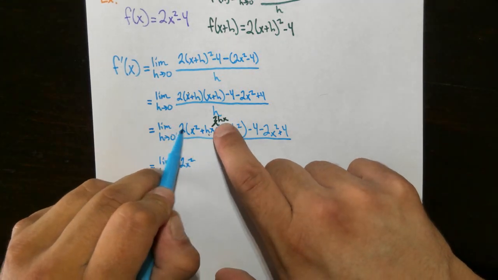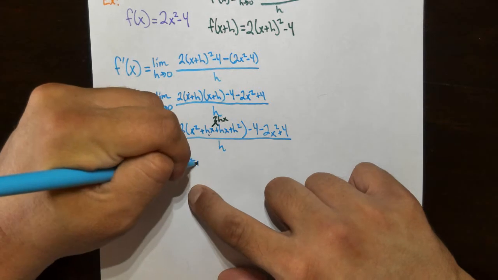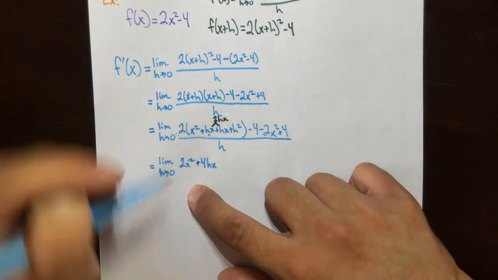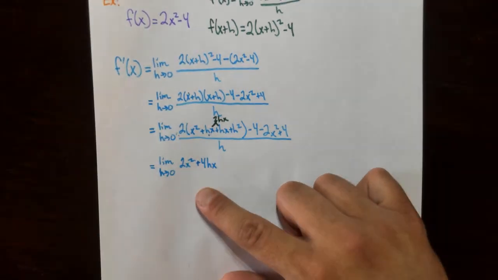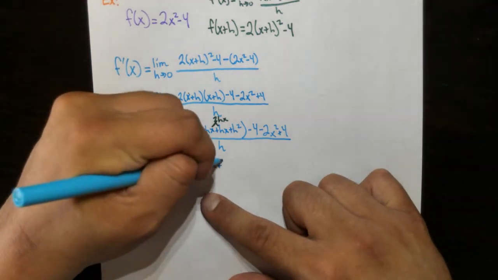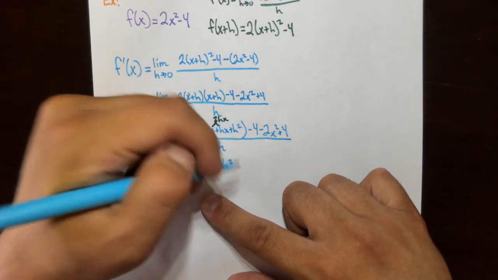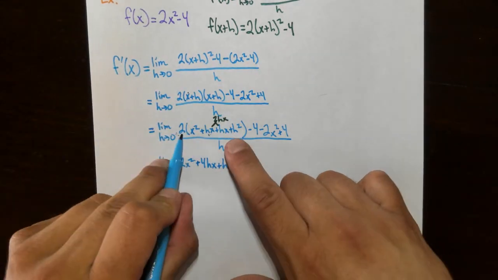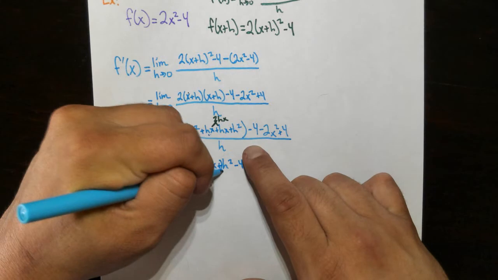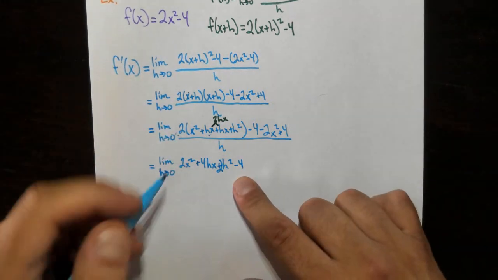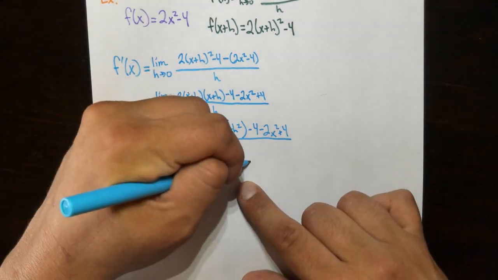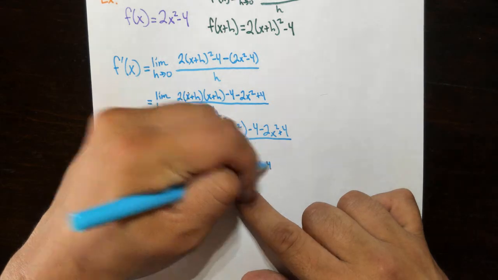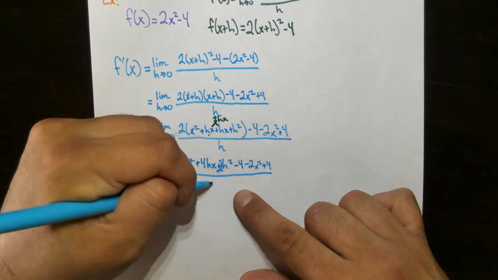We haven't multiplied yet. So it's going to be 4hx. Hope everyone's okay with that. Plus h squared, minus 4. Oh, I goofed. I didn't multiply the 2 to the h squared. Plus 2h squared minus 4 minus 2x squared plus 4 over h.